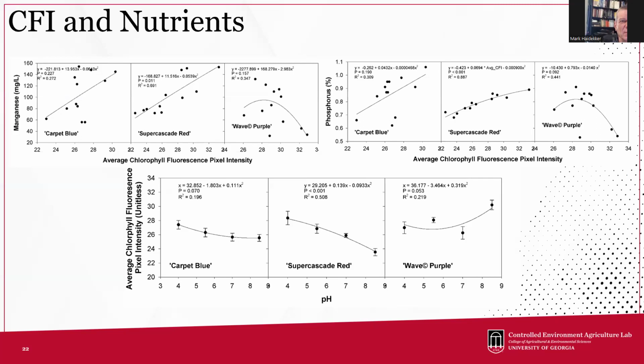And so we started plotting that against the pH and against the nutrient levels, because both manganese and phosphorus, in papers that I read, had effects on the quantity of chlorophyll and the intensity thereof. So we rolled into the chlorophyll fluorescence intensity, as that was another one of the tools built into that imaging system that we can easily leverage. And found some significance here.